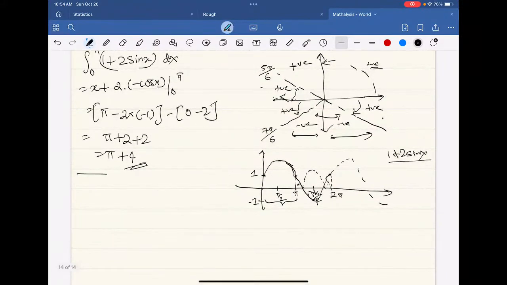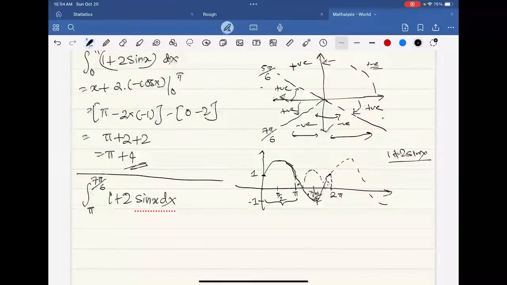Now let's try to find the area from pi to 7 pi by 6, right? So the area from pi to 7 pi by 6 of 1 plus 2 sine x itself, because it's still positive, right?